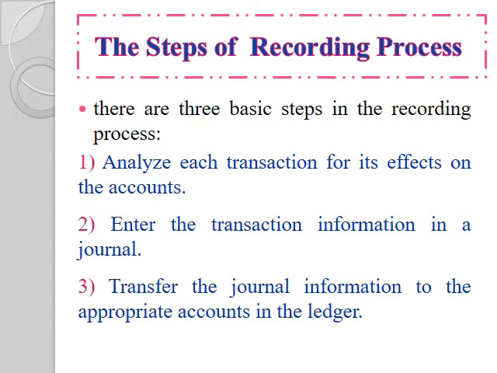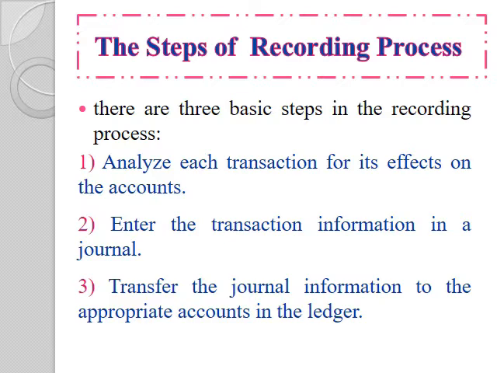While liabilities, owners' equity, and revenues are credit accounts, and if they increased, that will be recorded in the credit side and the amount in the credit column. While if they decreased, that will be recorded in the debit side and the amount in the debit column.